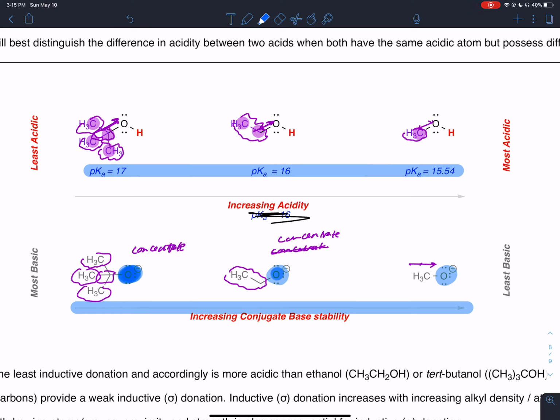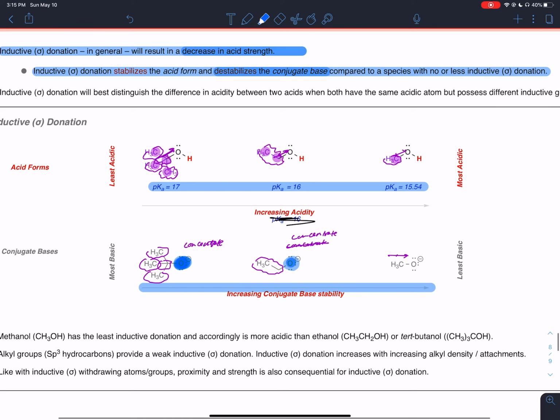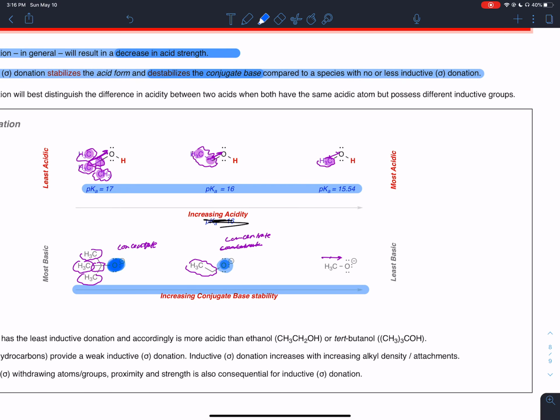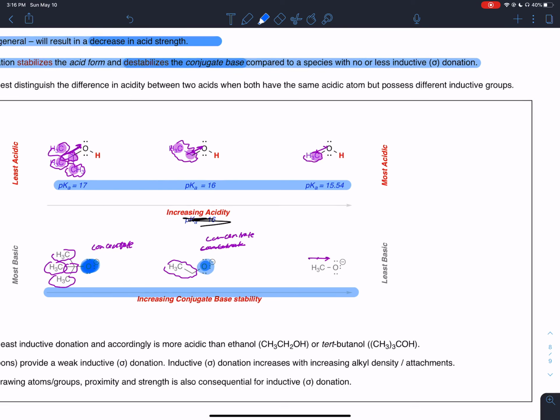We see decreasing acidity going in this way, right? Decreasing acidity with increasing inductive donation towards your group. And so it is the case that you have increasing carbon chain length or increasing carbon chain substitution being closer to the acidic hydrogen, which means there will be lower acidity to that hydrogen, okay? Again, this is a more subtle form of effect on acid and base strength.